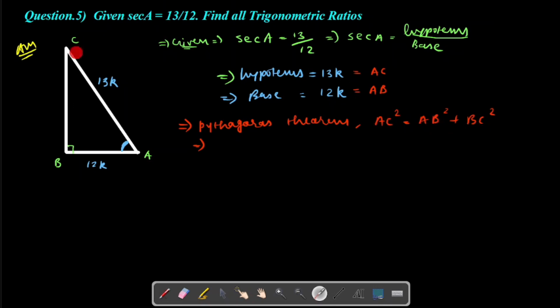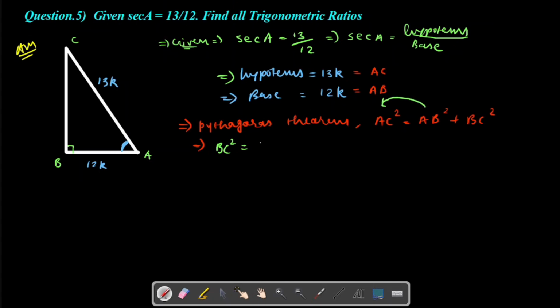Because BC is our perpendicular, we just make this equation equal to BC square, or BC, whatever you like. How can we do it? We write BC square here, and the remaining quantity goes to the other side.